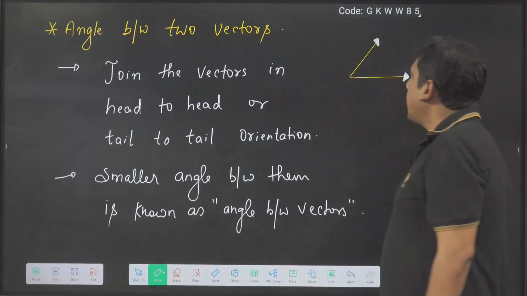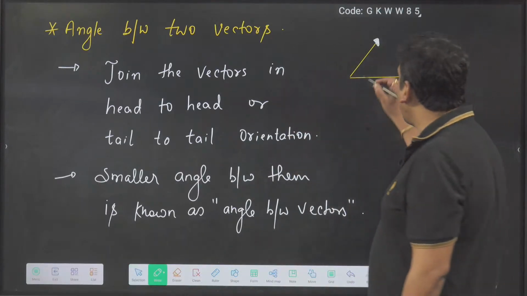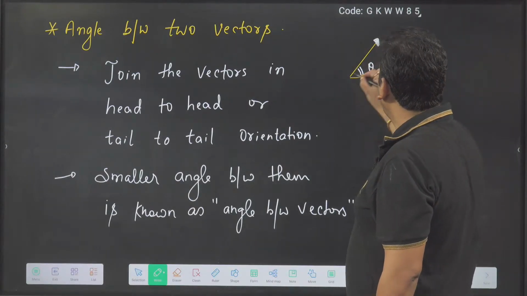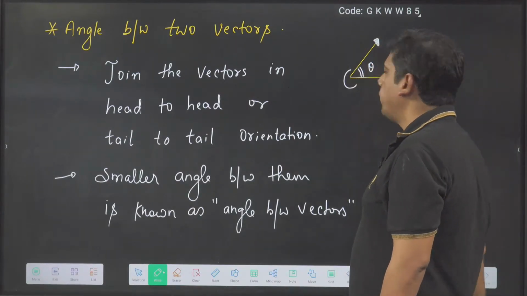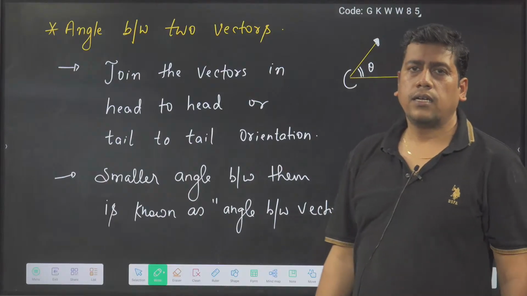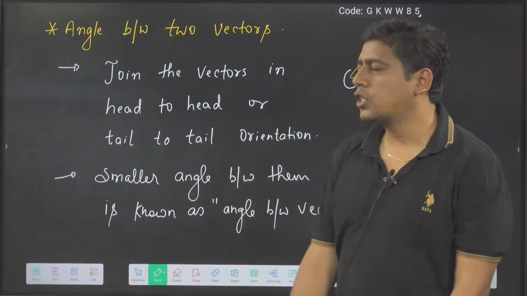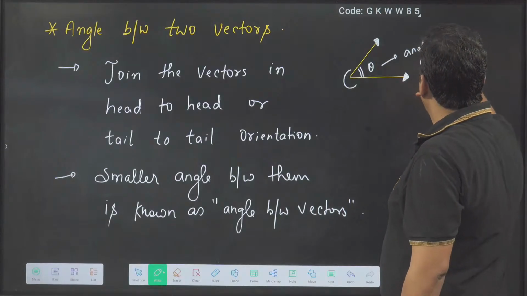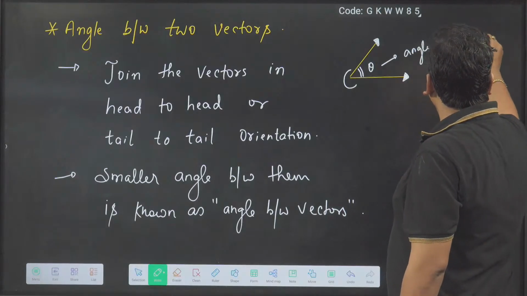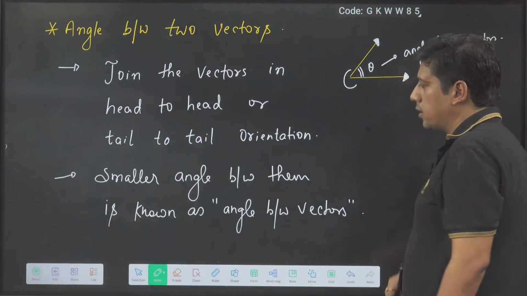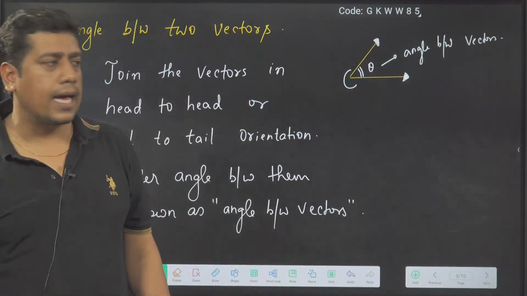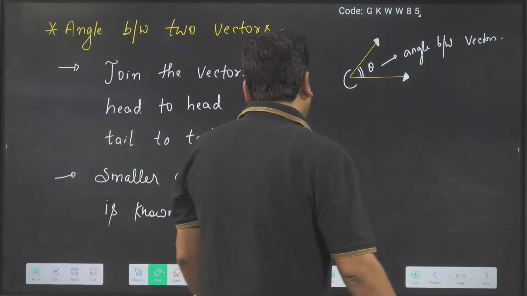Then once you place it tail to tail, then you have two angles. The smaller angle here, let's say theta, and this angle, which is 360 minus theta. Which angle we should consider? The smaller angle. So this theta, the smaller angle, will be known as angle between vectors.